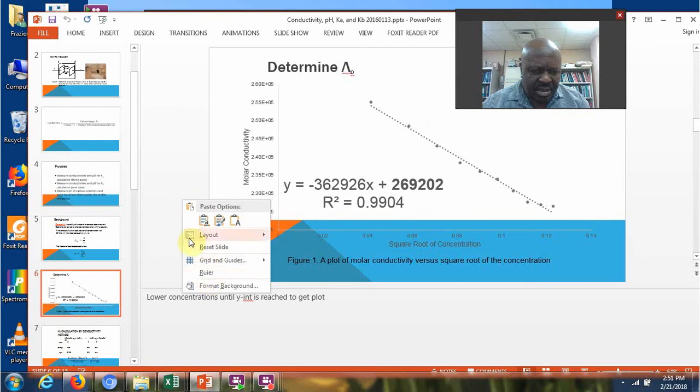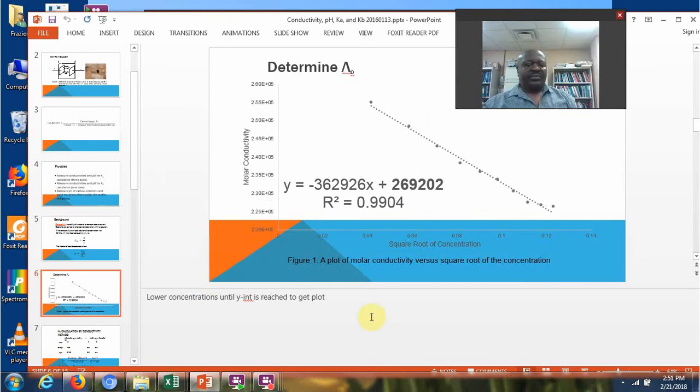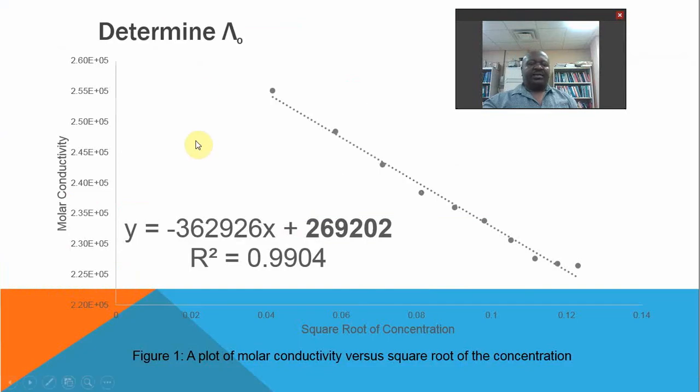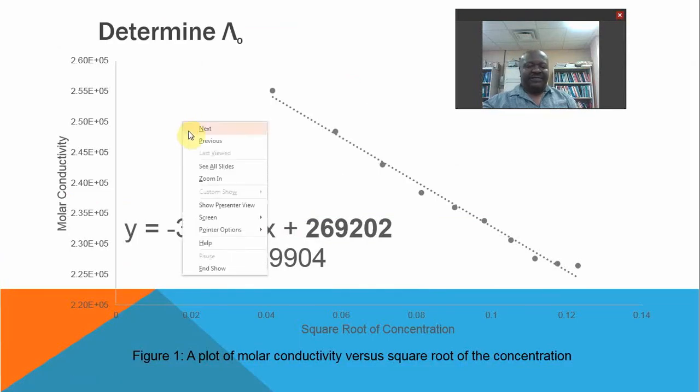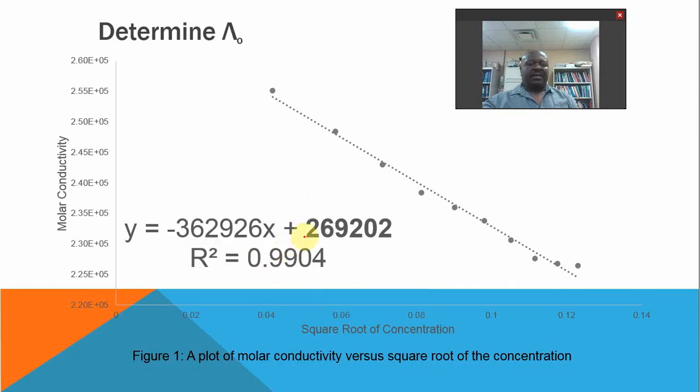Create ruler, no. Oh, come on. I give up. Maybe I should be in full view. All right, maybe it will allow me to do it now. Pointer options, great. Pen. All right.